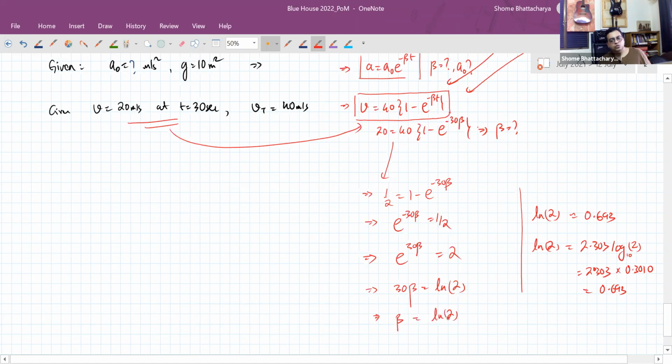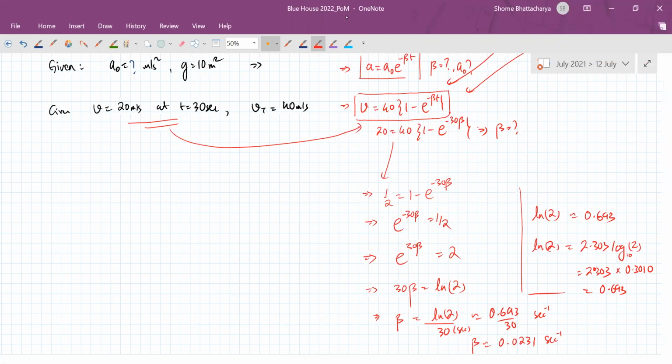So beta is ln2 upon 30 seconds, approximately 0.693 divided by 30 second inverse. That is becoming 0.0231, correct? This is the value you got, Peter? Yes, sir. Okay.